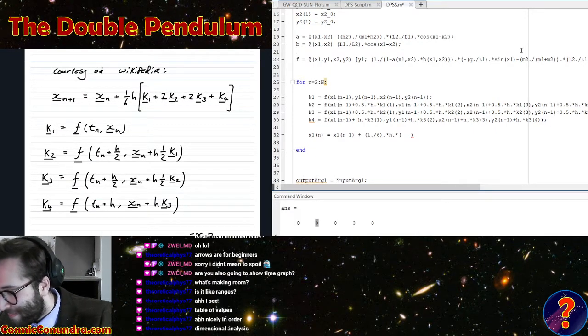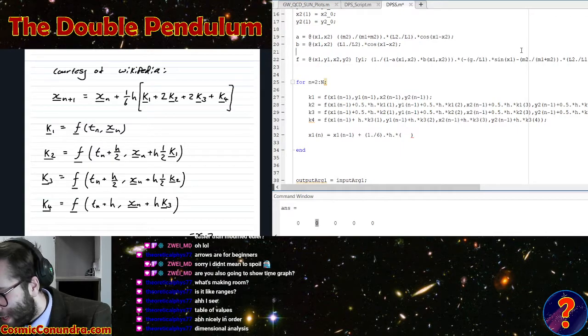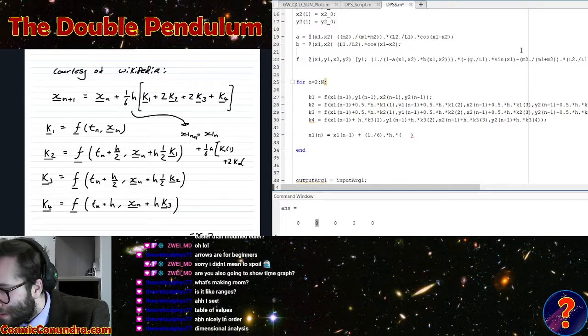But anyway, if we think about the first component of this, what it's saying is that the n plus 1th value of x1 is equal to the nth value of x1 plus 1/6 times h, and then you've got the first vector element of k1 plus 2 times the first element of k2 plus the first element of k3 plus the first element of k4. Okay, because this k is a vector.